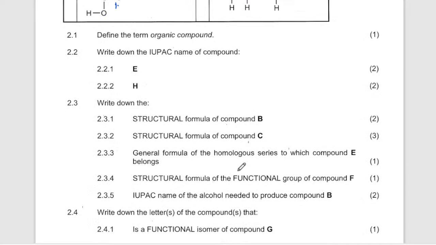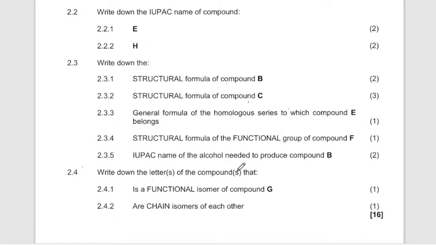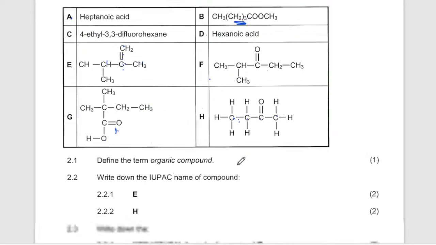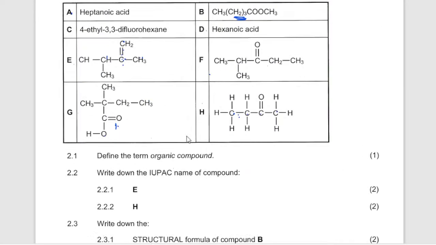Then we go to the structural formula for compound C. Here they want the structural formula for compound C. Okay, let's write it. Hexene is 1, 2, 3, 4, 5, 6. Difluoro is 3,3, let me just count from here, so I have a fluoride here and a fluoride here.